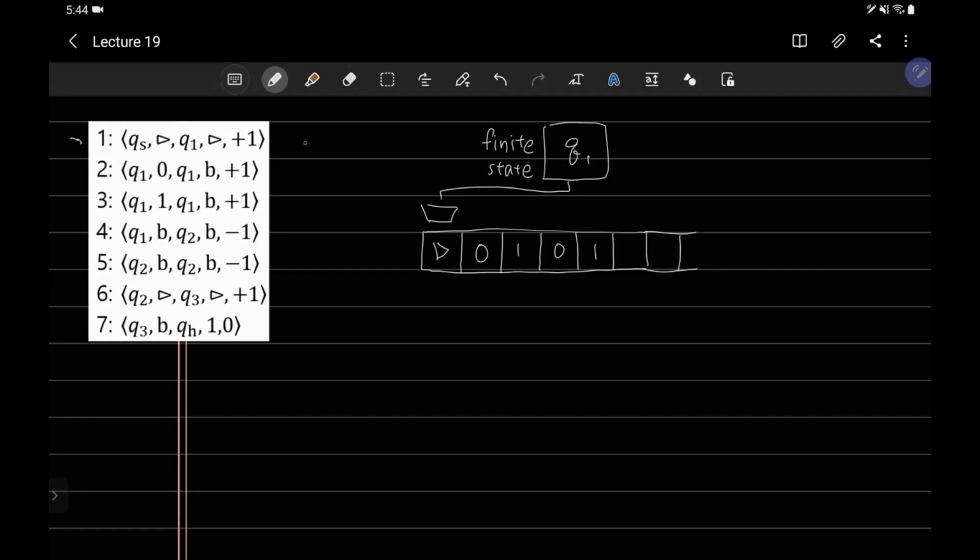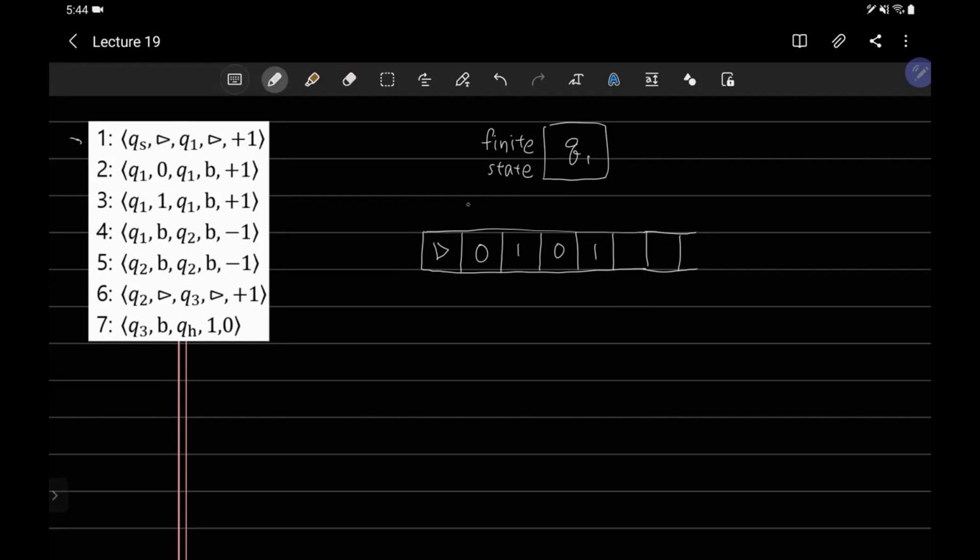The square under the head should also be updated with this symbol, but it is already there, so it is not erased; we just leave it as it is. And finally, the head should move to the right. Plus one means move the head to the right.